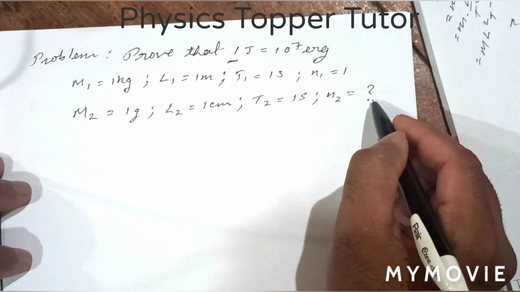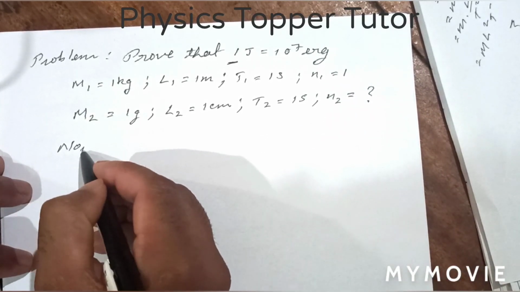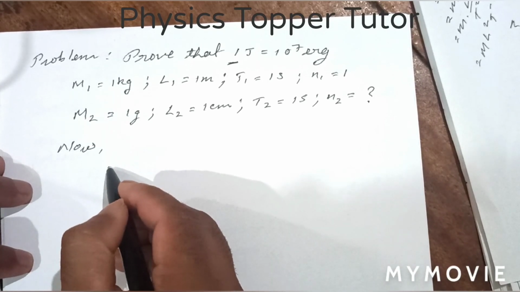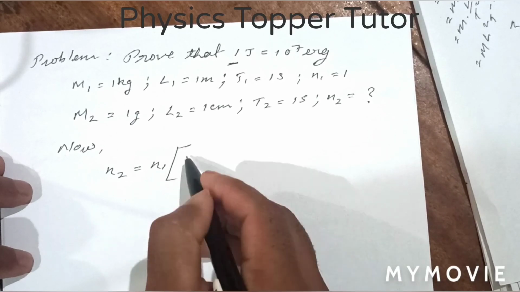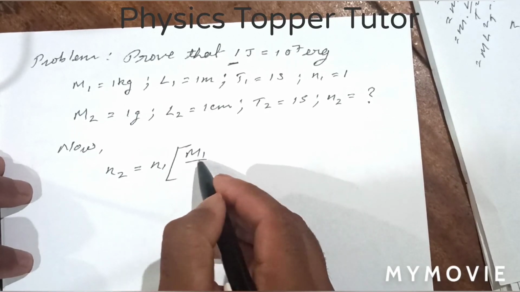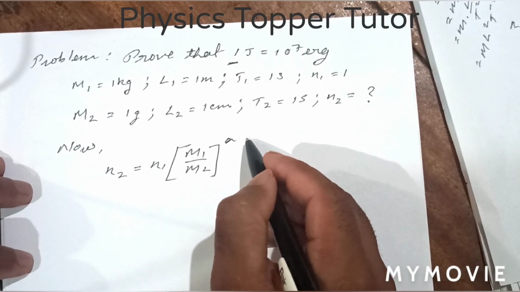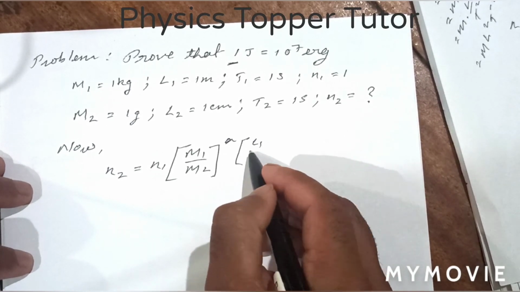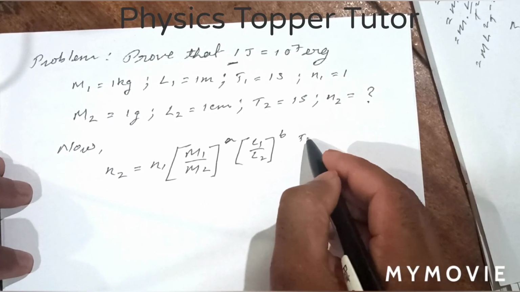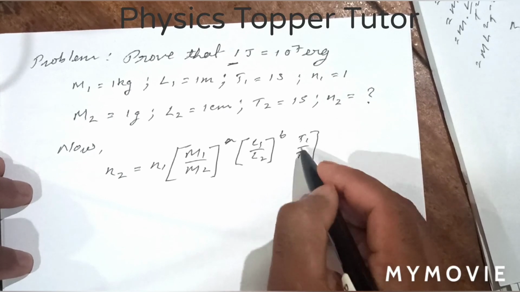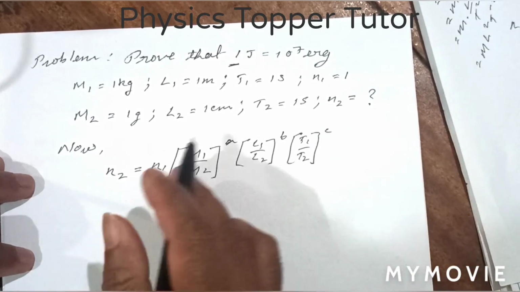Okay, so now we know the general formula. Let's write N2 equal to N1 M1 by M2 to the power A, L1 by L2 to the power B, T1 by T2 to the power C. Okay, so A, B, C, this is the general formula.